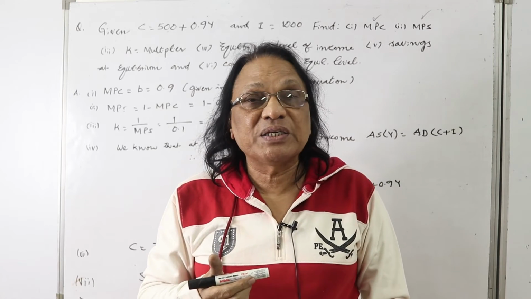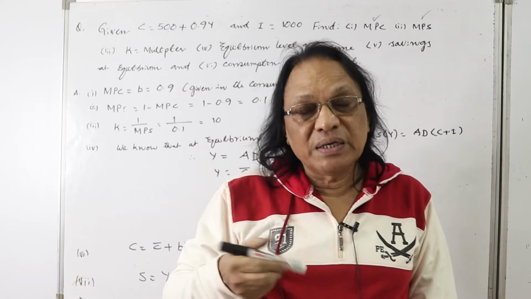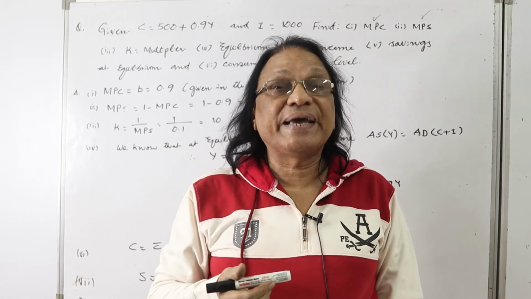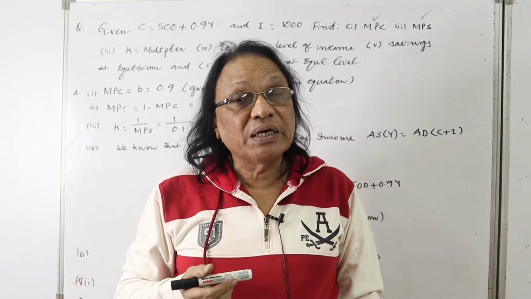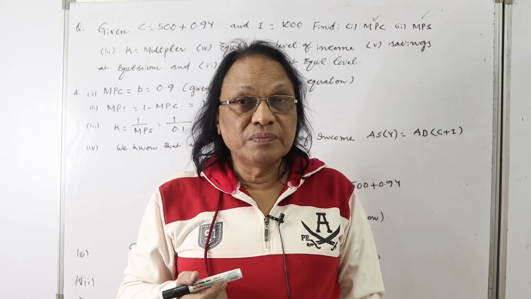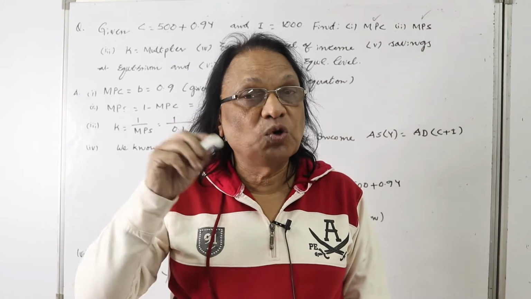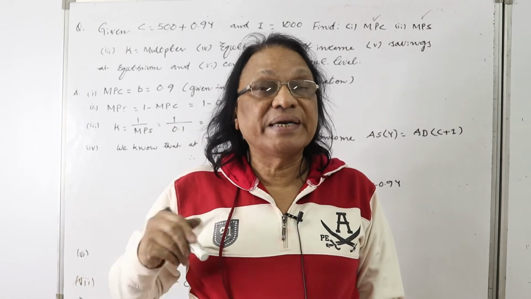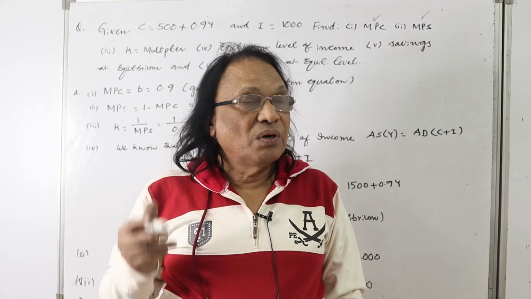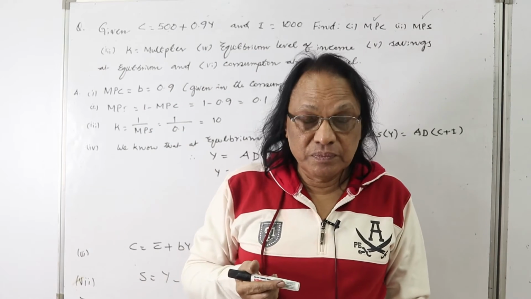Other formulas of multiplier, I give you comprehensive formulas. K is equal to delta Y upon delta I. Or delta Y is equal to K times delta I. Or delta I is equal to delta Y upon K.